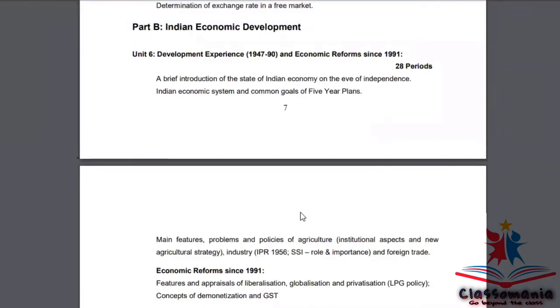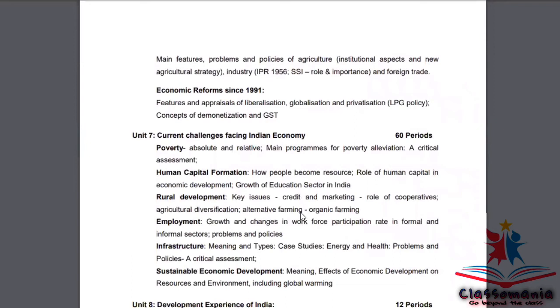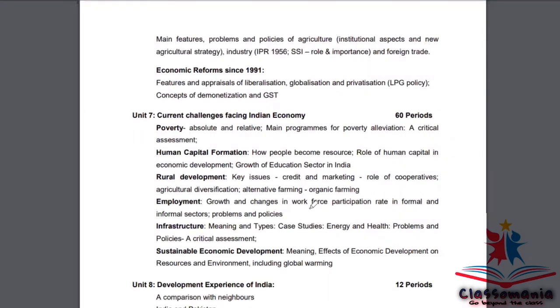As we move towards our part B, Indian economic development, unit 6, development experience and economic reforms since 1991. In this whole unit, nothing has been deleted and everything is coming as it is in the annual board examination. As we move towards unit 7, current challenges facing Indian economy, the topics that have been deleted are growth of education sector in India, alternate farming, organic farming, and the next topic that has been deleted is energy.